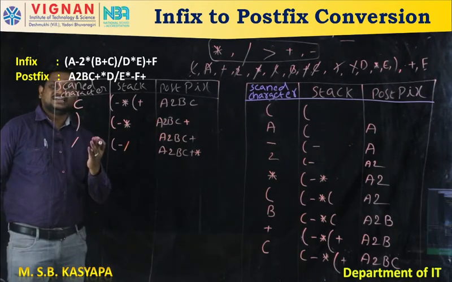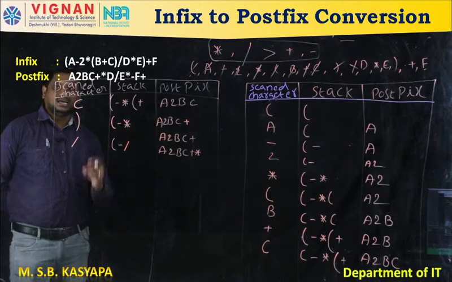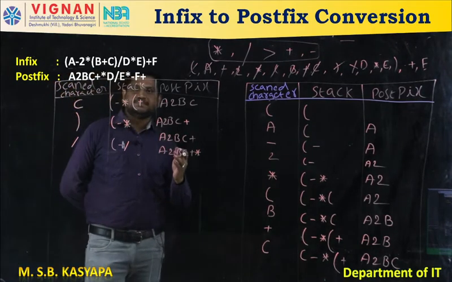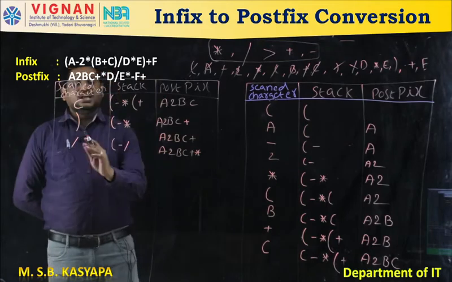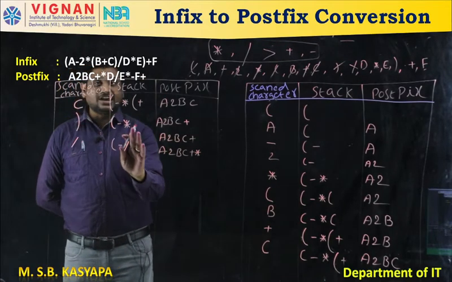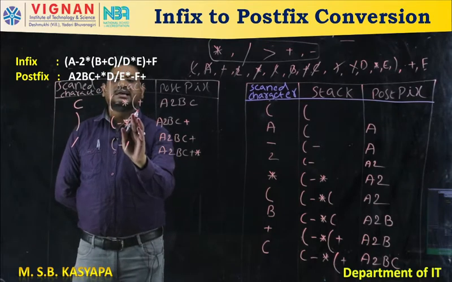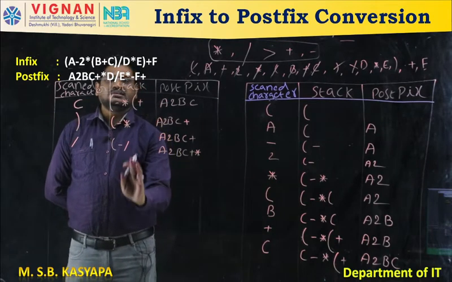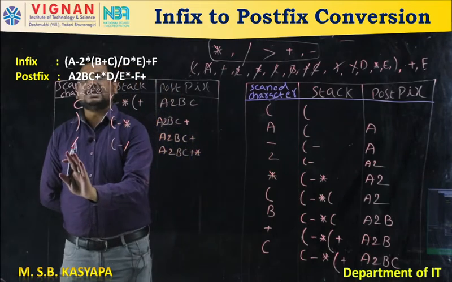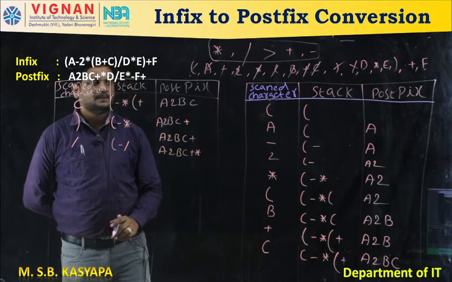Now, the stack contains open bracket, minus, division. The postfix expression contains A B C plus star, am I right? So, if the precedence of a scanned character is equal to the topmost operator in the stack, the top operator goes to the postfix expression and the scanned character moves to the stack. Okay?